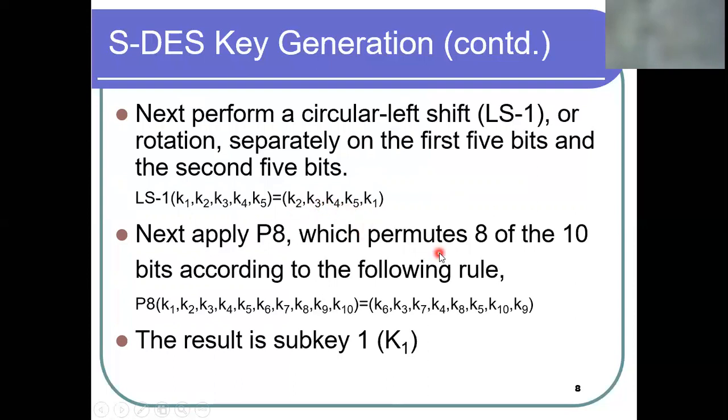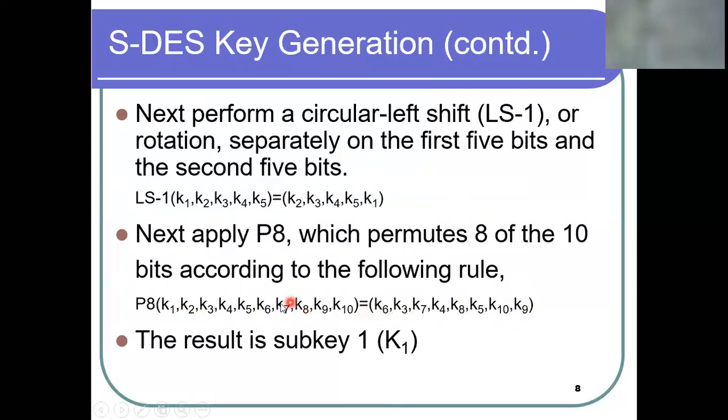And let us go into another step of the basic structure of DES, where we apply P8. How can one apply P8? P8 is again a permutation that maps 10 bits on 8 bits. So let me take this one key of length 10 bits, then we get 8 bits.